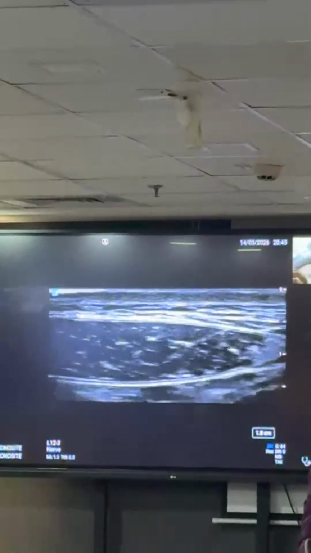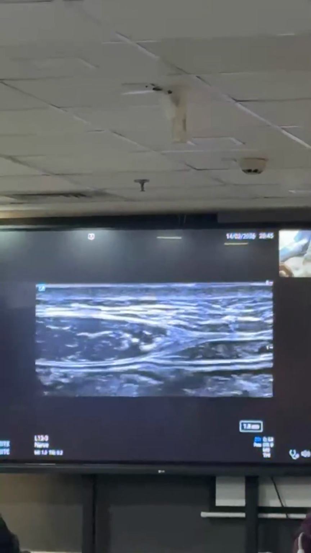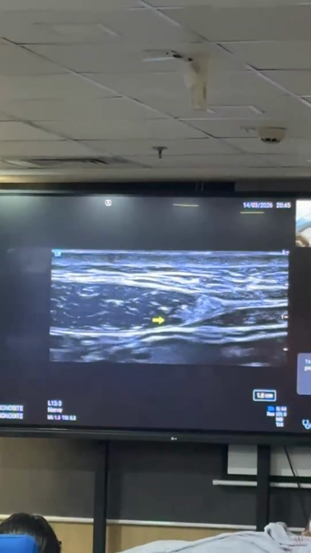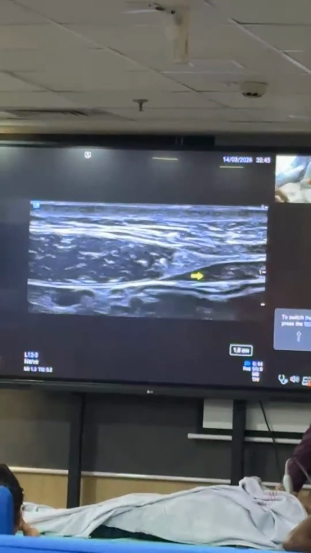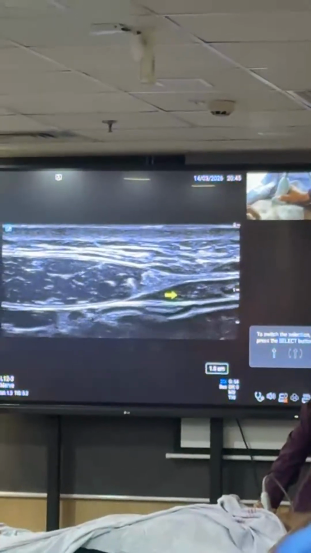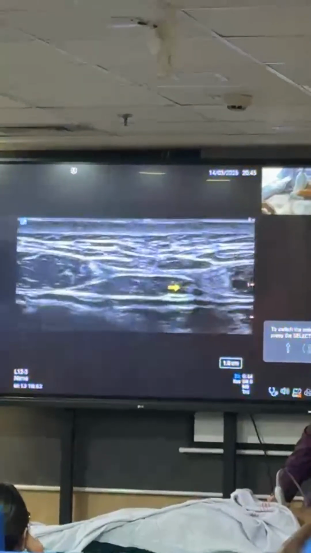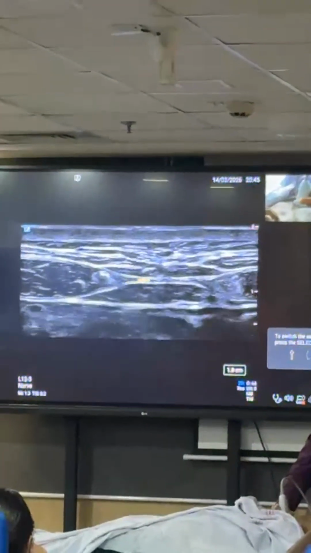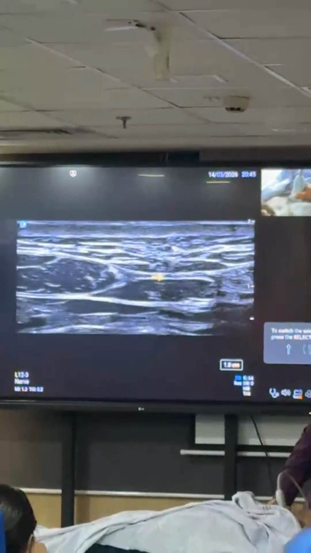So after you understood this, when I'm moving my probe more lateral, can you see the appearance of another muscle here? This is the transverse abdominis muscle. When you see the transverse abdominis muscle, again you can appreciate another aponeurotic structure here, that is your linea semilunaris.